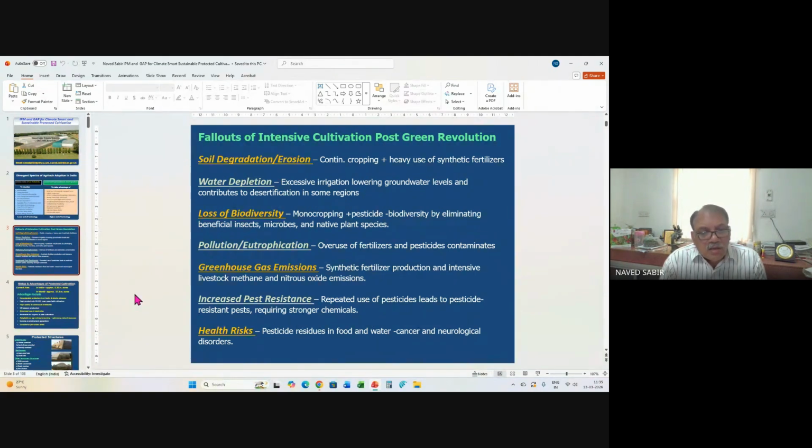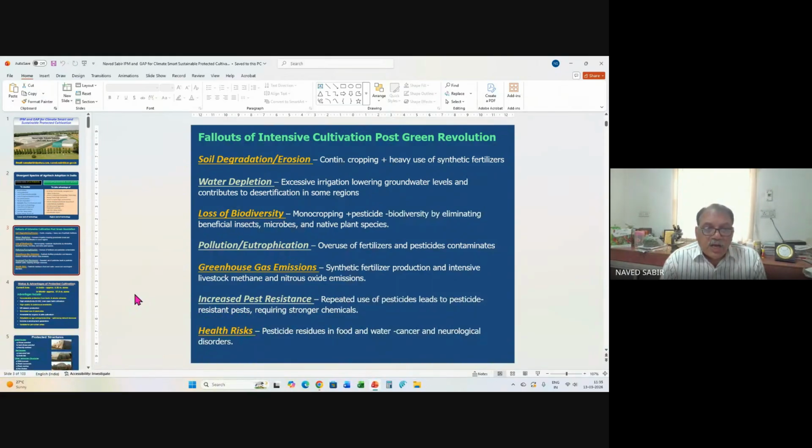When dangerous chemicals are used repeatedly, the insects develop resistance, and they either need a higher dose for control or they become totally ineffective. And out of desperation, the farmers use more and more pesticide repeatedly, even 30 to 60 chemical applications by the farmers have been reported in different crops. So that led to health risks also.